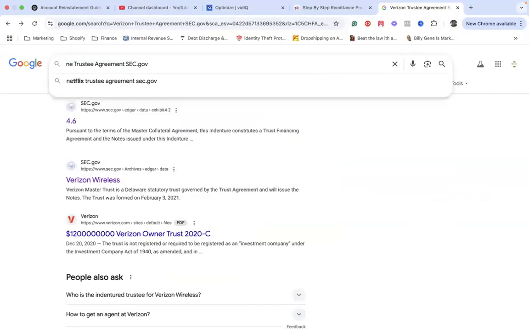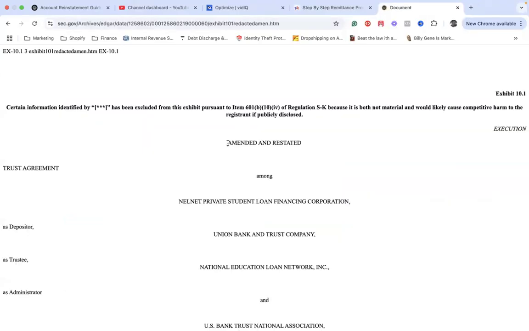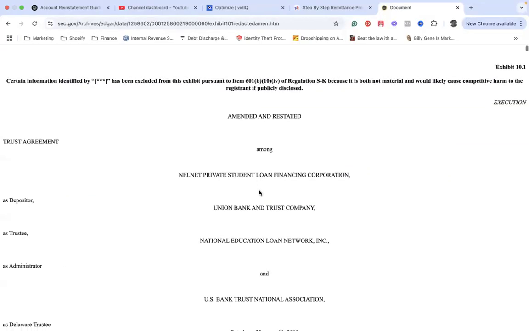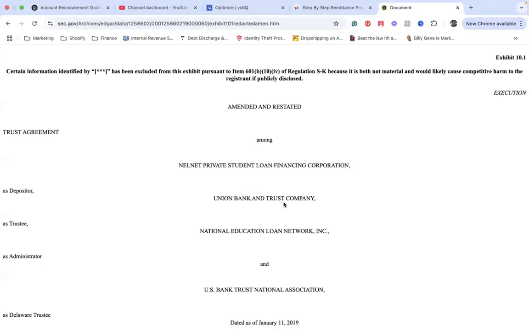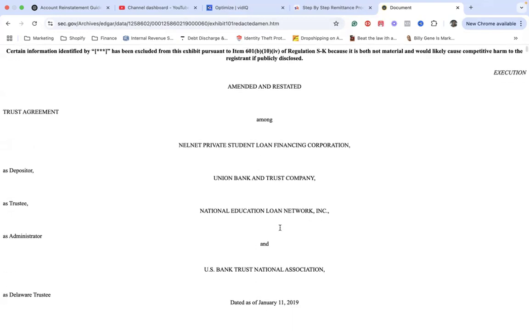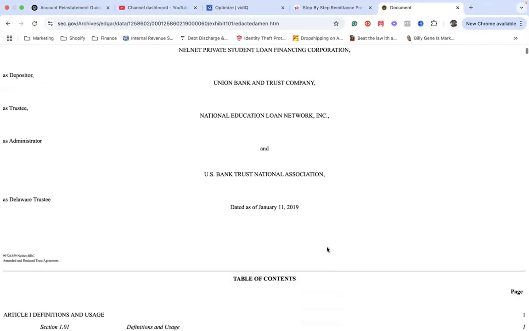Now you have the information. So, Nelnet Private Student Loan Financing Corporation, Union Bank and Trust Company, National Education Loan Network Incorporated, and U.S. Bank Trust National Association.